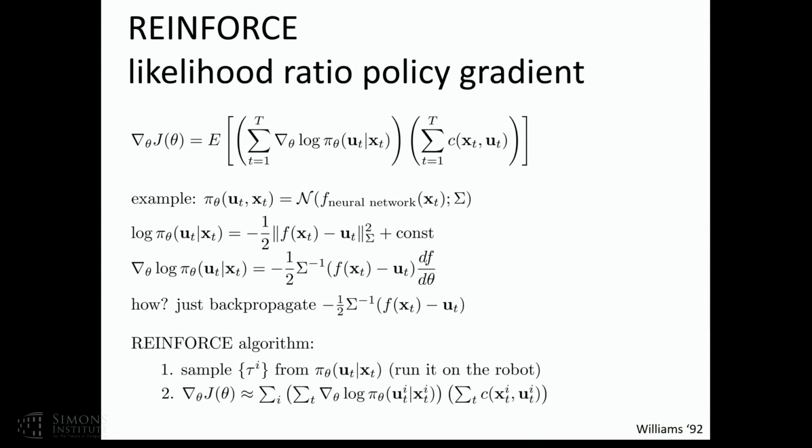You estimate this gradient using the samples. It's an expectation, which means you can do a sample-based estimate just by summing together these grad log pi times the cost of that sample. So basically weight each of these by the total cost of that sample. And then you just increment your parameters and do gradient descent. Everything is pretty straightforward, and then you just repeat.